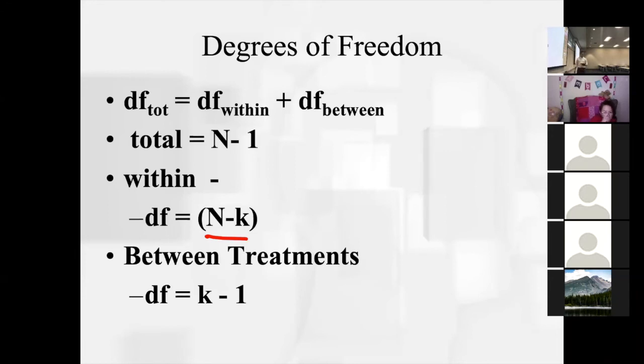For your degrees of freedom between treatments, it's just going to be like before, number of treatments minus 1.